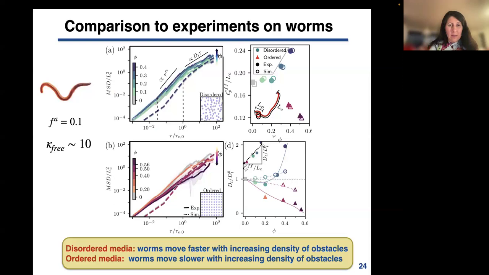And then we look at the mean square displacements of the worms in both ordered and disordered media. So Rosa did systematic experiments as a function of packing fraction of worms. The top panel shows the mean square displacement of the worms in the solid media, and the colors are just showing increasing packing fractions.